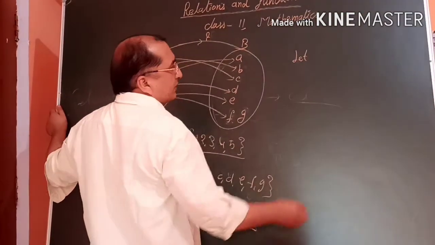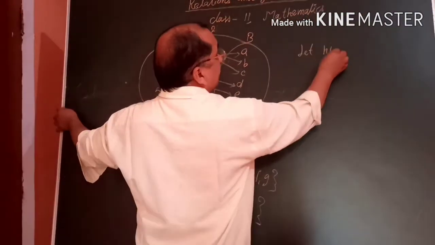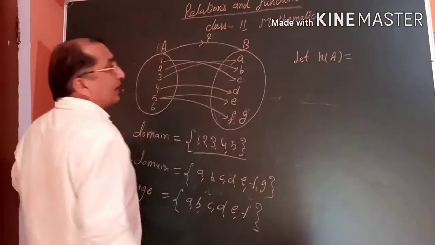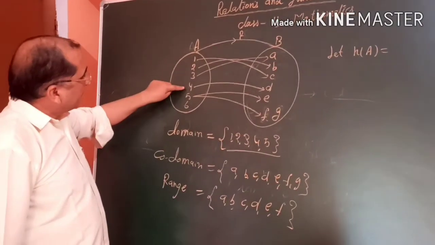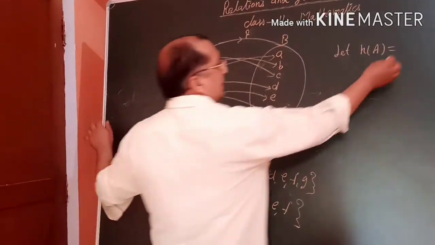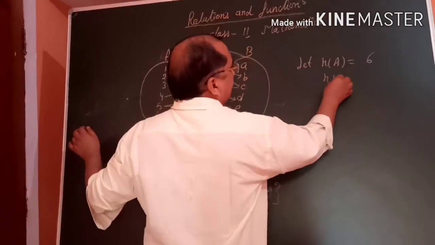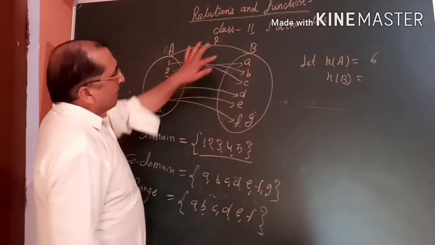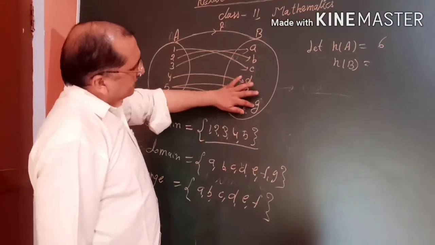And the number of relations, suppose, this is really a very important part. n(A) means the number of elements in A: 1, 2, 3, 4, 5, 6. How many elements in A? 6 elements. And n(B) means how many elements in B? 1, 2, 3, 4, 5, 6, 7 elements are here.